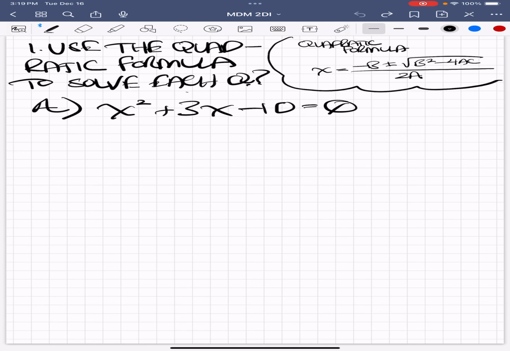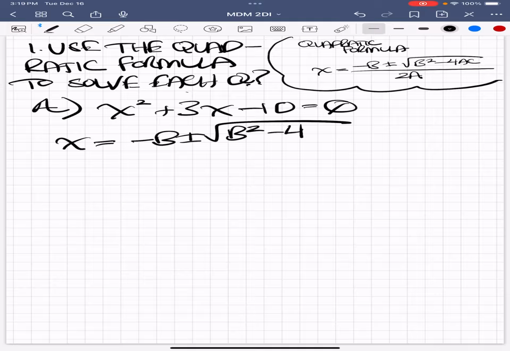So use the quadratic formula to solve each question. We have the quadratic formula up here, just in case you need a reminder: x equals negative b plus or minus the square root of b squared minus 4ac all over 2a.